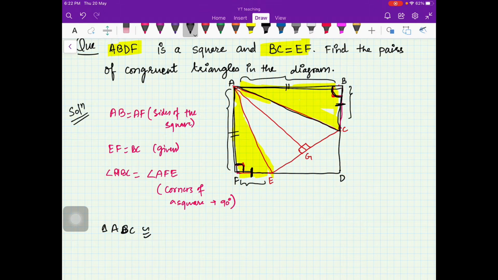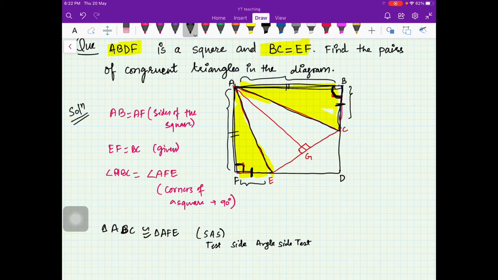If you want to tell which test you are using, it is side angle side. That test says you should have two sides equal and the angle between them equal. So they are congruent by the side angle side test.